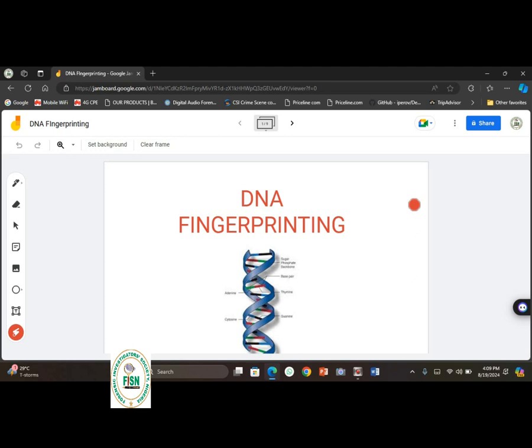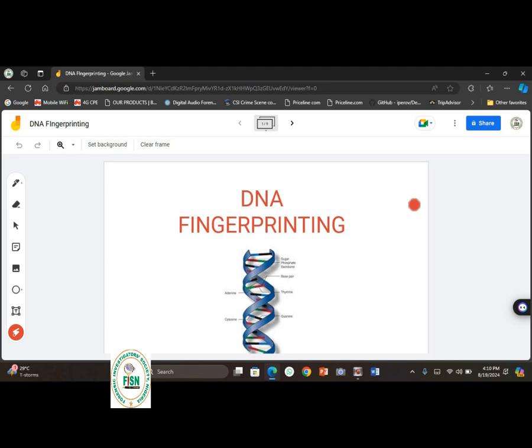DNA is comparable to a serial number for living things because there's no two people in the whole world that have the same fingerprint code that another person has.